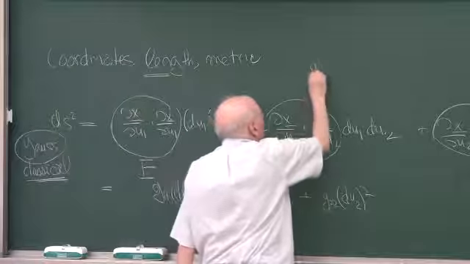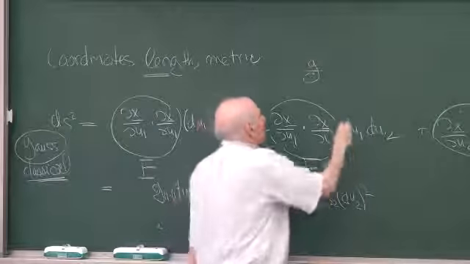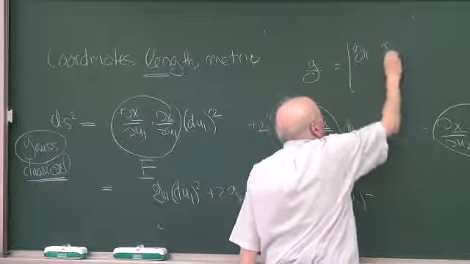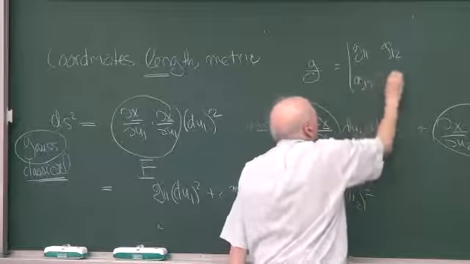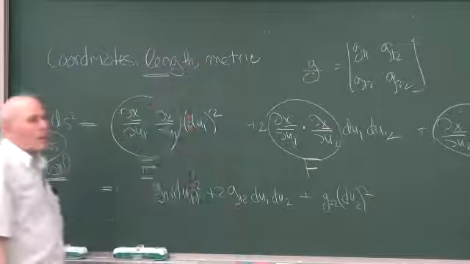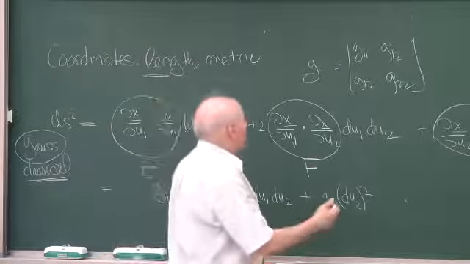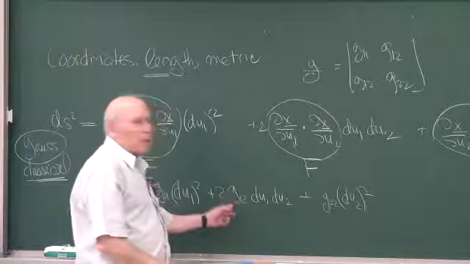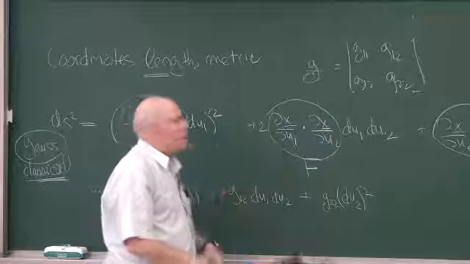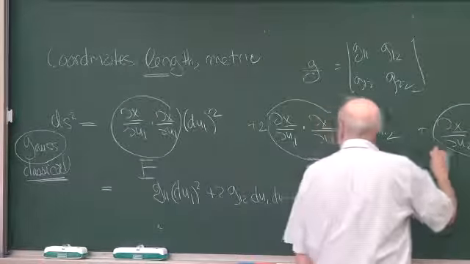So G is a 2 by 2 matrix in our case, and it's symmetric because G12 and G21 are the same thing. So G is symmetric, and this is called the metric.